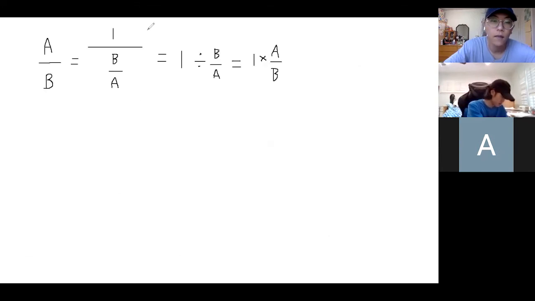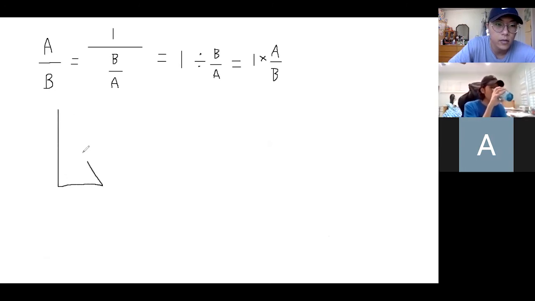Okay. And then last time we were going over the 30, 60, 90 triangle, right? And then we also had the 45, 45, 90 triangle.